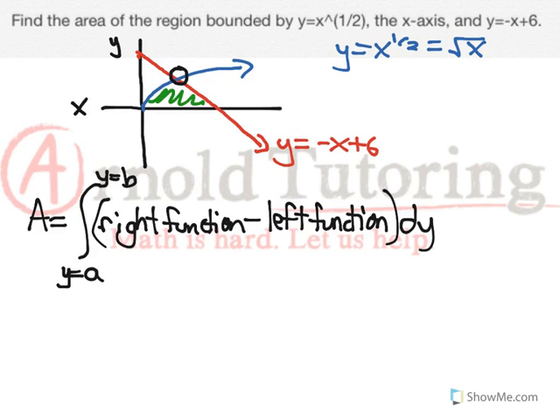First things first, we need to find the point of intersection. So where does root x equal negative x plus 6?